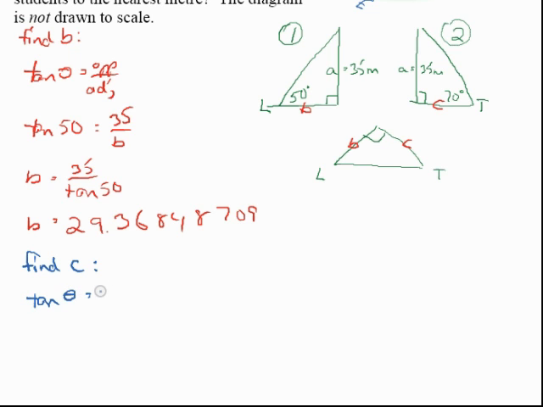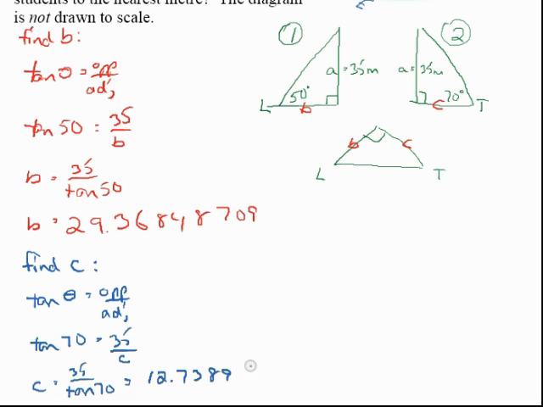Tan theta is opposite over adjacent. Tan 70 equals 35 over C. C equals 35 over tan 70, which equals 12.7389582.